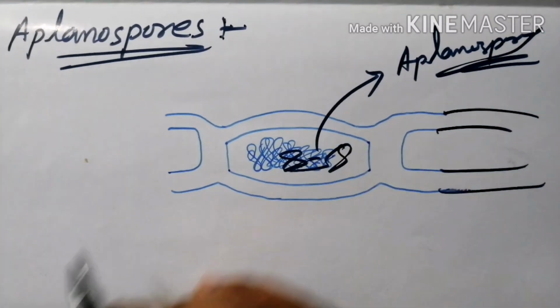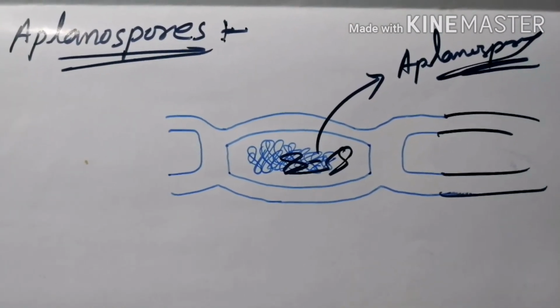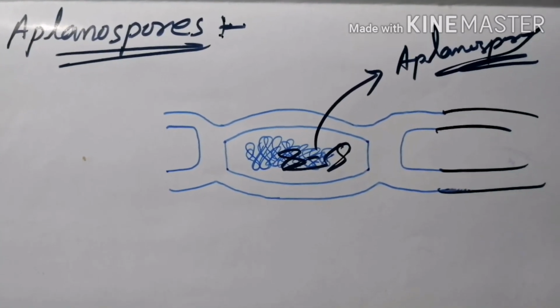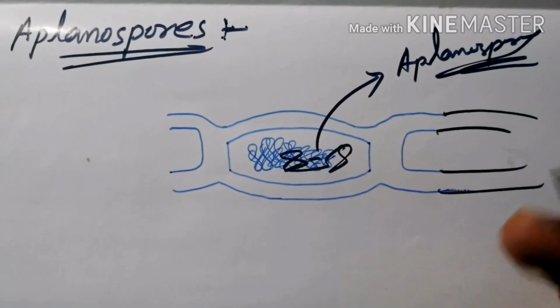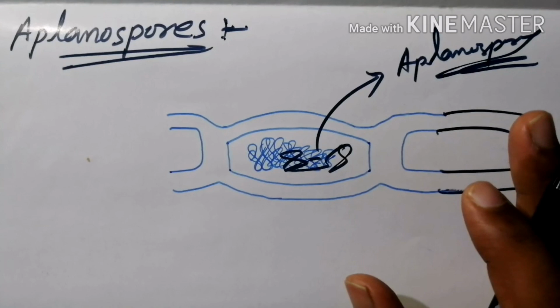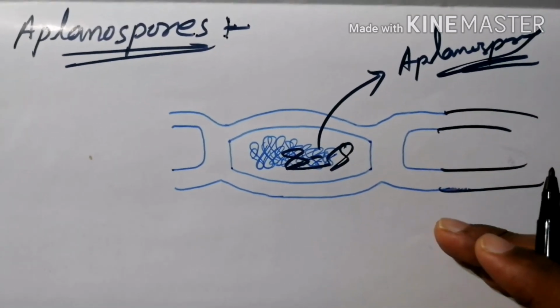They form a wall around it. Under favorable conditions, the spores germinate and form new filaments, and mostly this type of formation takes place in some species like Spirogyra and Oedogonium, etc.